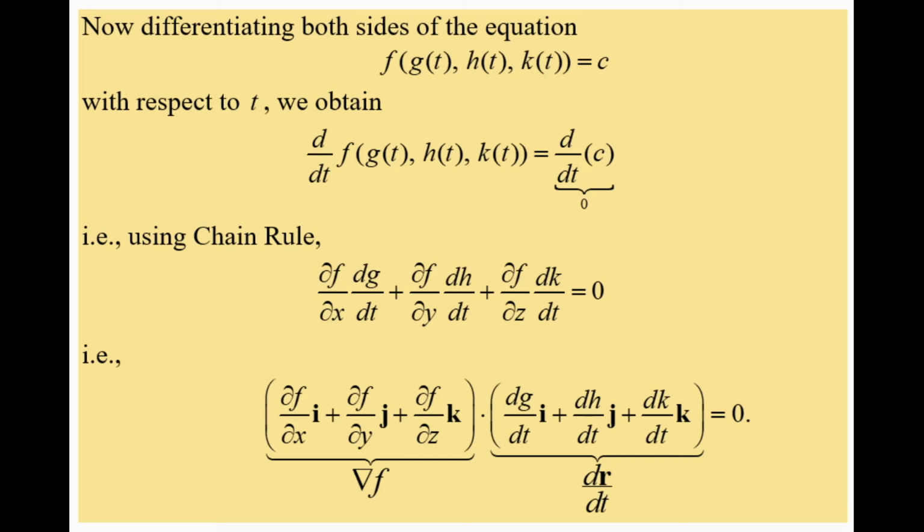That is, it is the dot product of the vectors partial derivative of f with respect to x i plus partial derivative of f with respect to y j plus partial derivative of f with respect to z k, with the vector dg/dt i plus dh/dt j plus dk/dt k, that is grad f dot dr/dt.